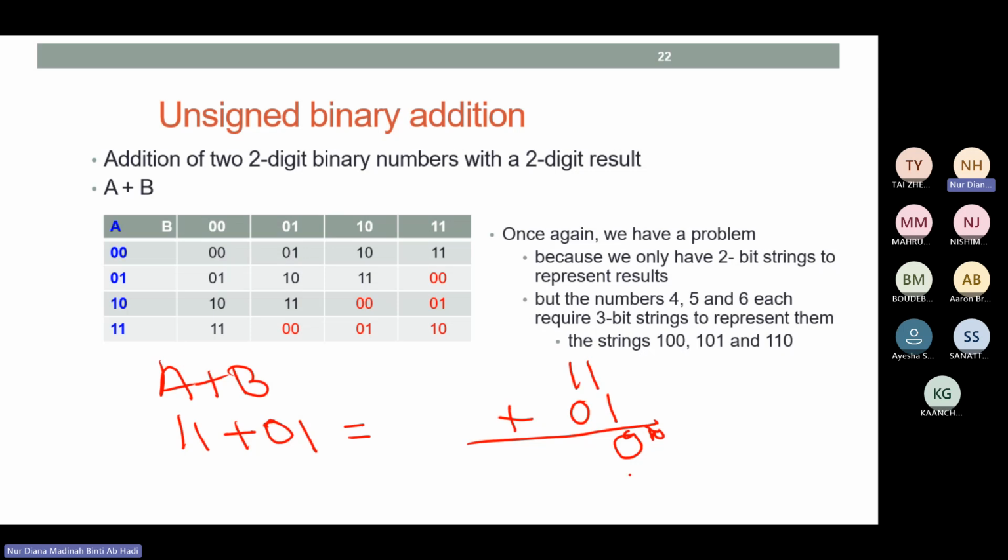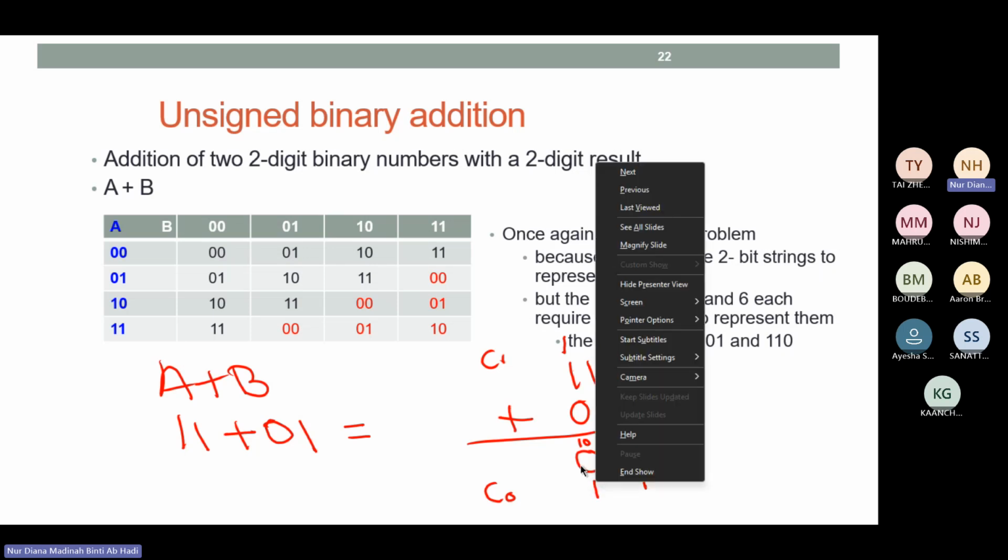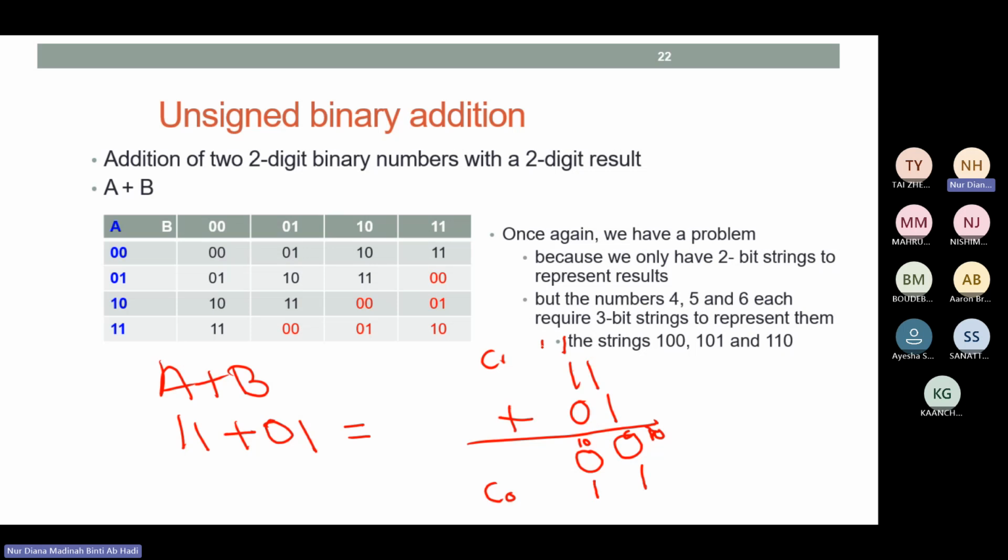So we're going to have our carry out and we have our carry in. So we have 1 as our carry out and then we bring our 1 into the front, correct? So 1 plus 1 plus 0, we will get 1, 0 also. So we have a 0, we have a carry out, we have a carry in.